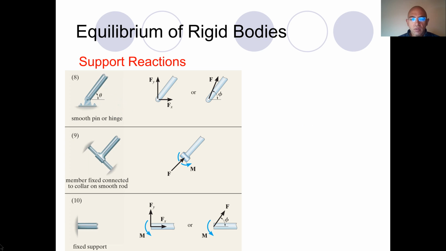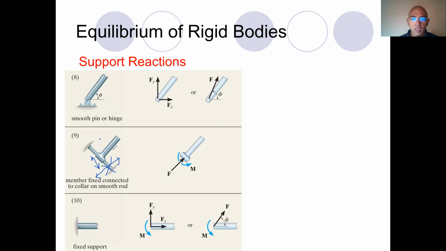Okay, we have a fixed connected member, fixed connected to a collar. So certainly in this case, as you see, the object can easily move in this direction, but cannot move perpendicular to the collar. This is not possible.